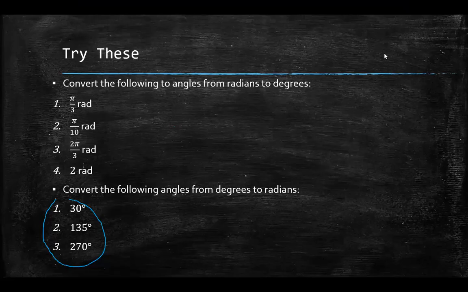Okay, so, resume. Before we do this, can anybody tell me, how do I convert degrees to radians? Well, miss, the way I did it, divide by 180 over pi.